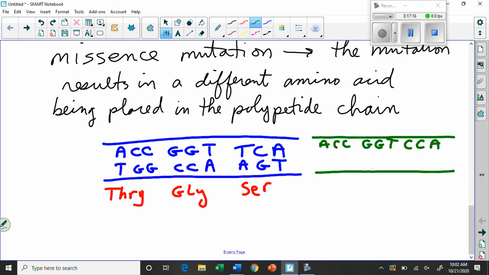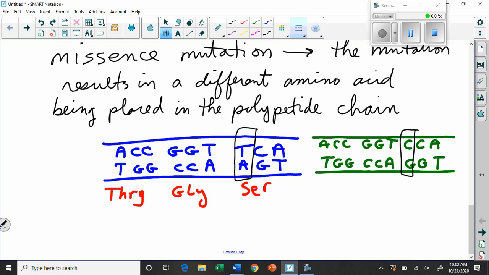Down below then, we would have T, G, G, C, C, A, and then G, G, T. So our third codon has been changed. I'll circle the change so we can focus on it. And it's been changed right here. This section has been changed.